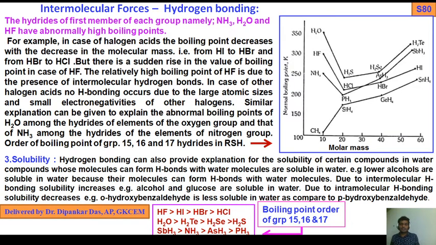So orthohydroxybenzaldehyde is less soluble in water as compared to para-hydroxybenzaldehyde. So this is the solubility, and the chart, hydrogen bond, melting point and boiling point.